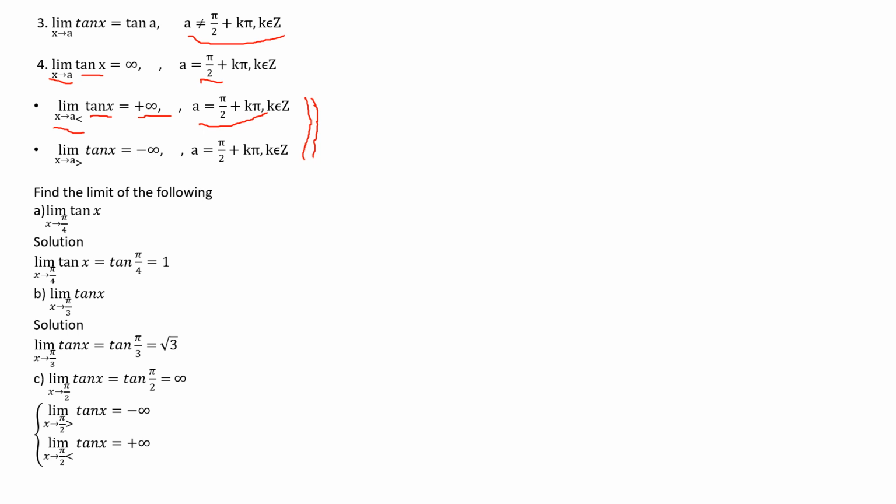And as x tends to a from the right hand side, our tan of x is tending to negative infinity, as a is equal to pi over 2 or pi over 2 plus k pi.